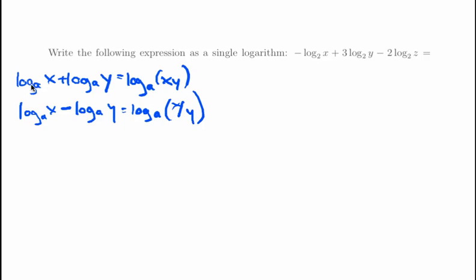So adding 2 logarithms results in multiplying the arguments in a single logarithm. Subtracting the logarithms becomes dividing the arguments inside a single logarithm. This is true because logarithms are the exact opposite, or the inverses, of raising things to powers, of exponentiation.